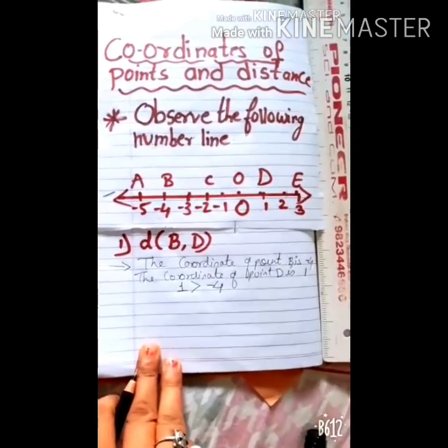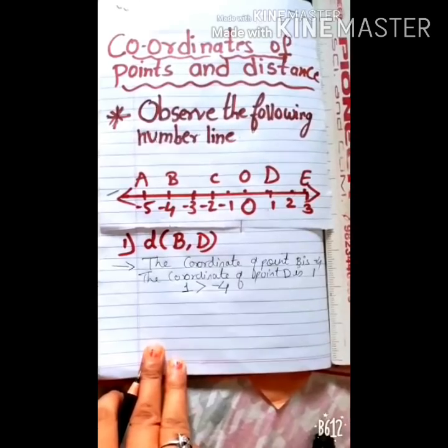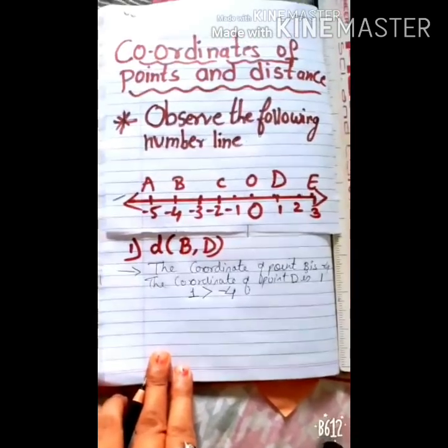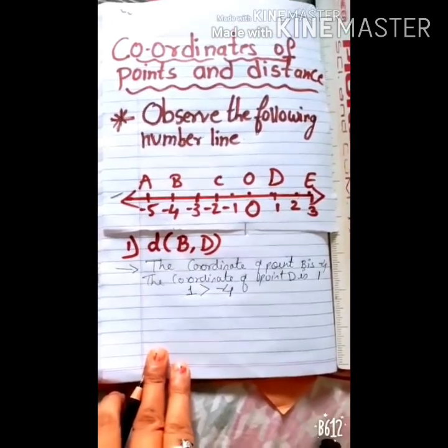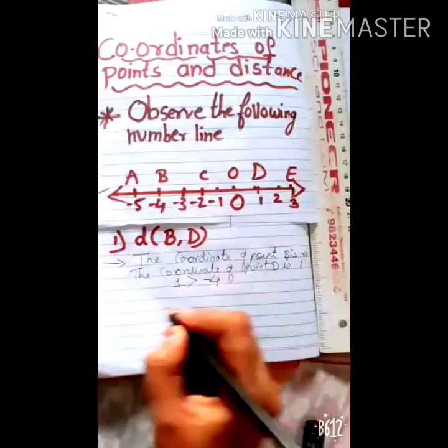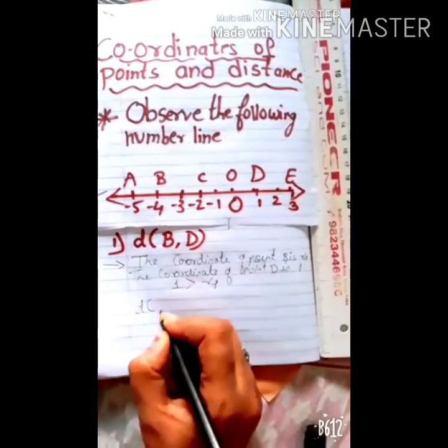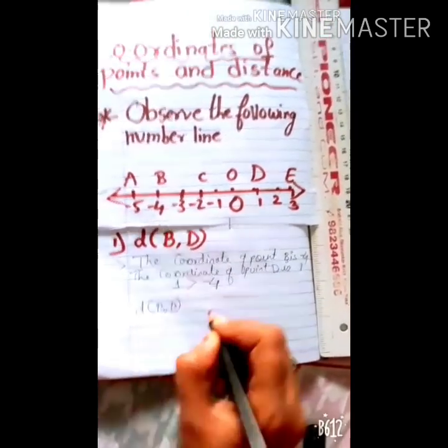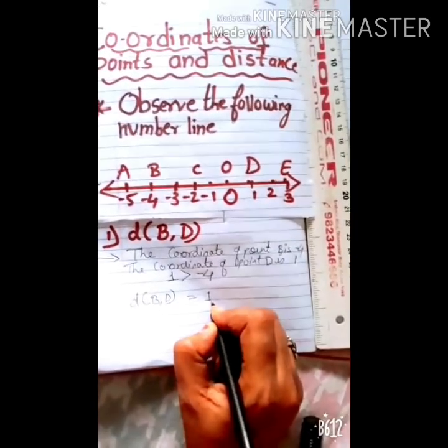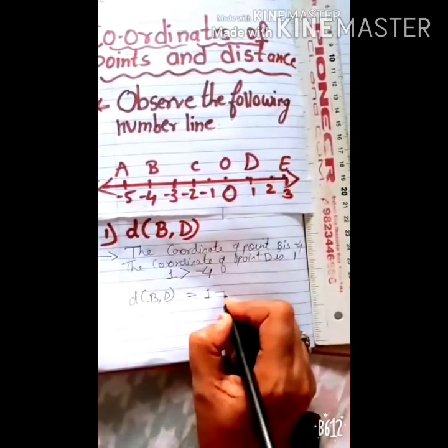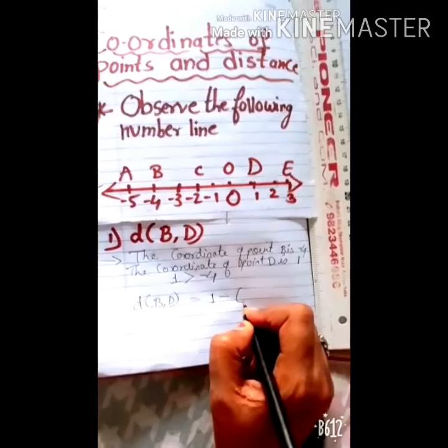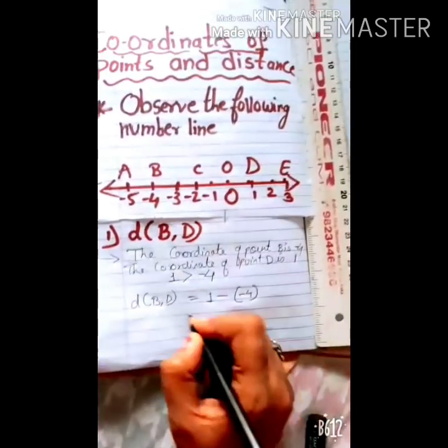So to find the distance between the 2 points, we have to subtract the coordinates of the given points. We subtract the smaller number from the larger number. Distance between points B and D equals, first of all we take the larger number, 1, minus the coordinate of point B, -4.